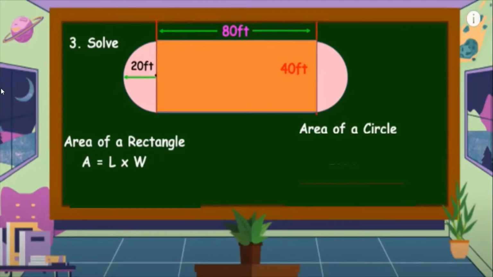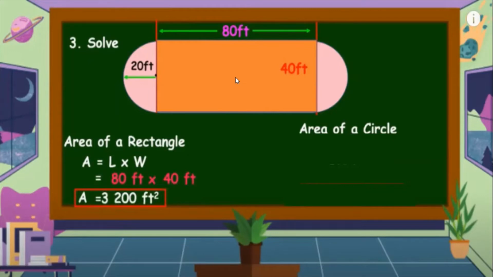The length here is 80 feet and the width here is 40 feet. So 80 feet times 40 feet is 3,200 square feet. This is the area of our rectangle.